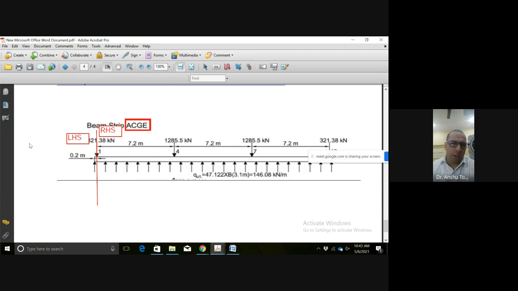Up till now, what you have done is just evaluate this soil reaction from the bottom, based upon whatever column loads were acting from above.